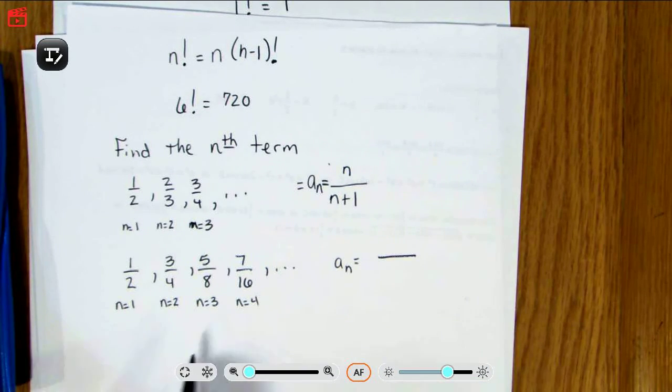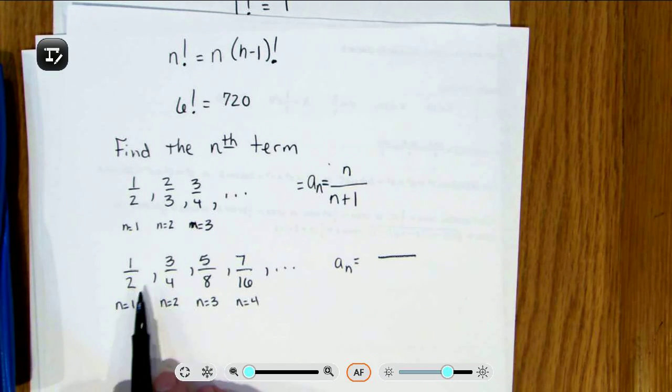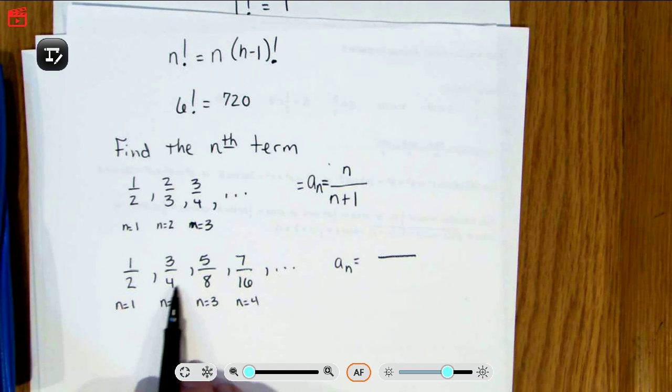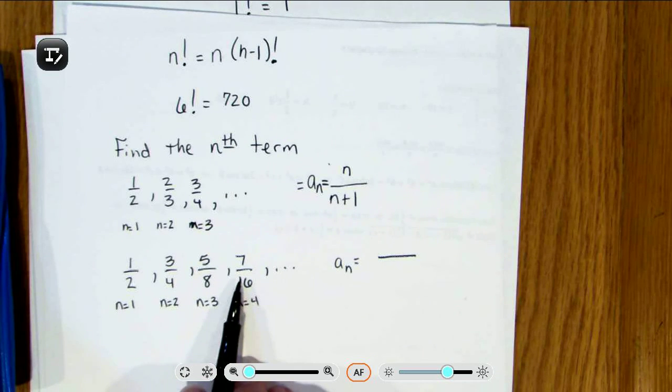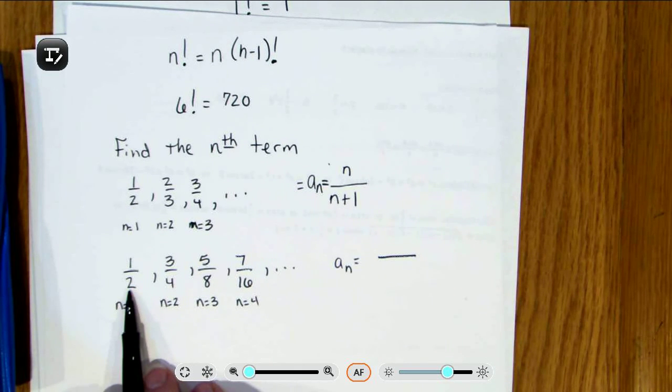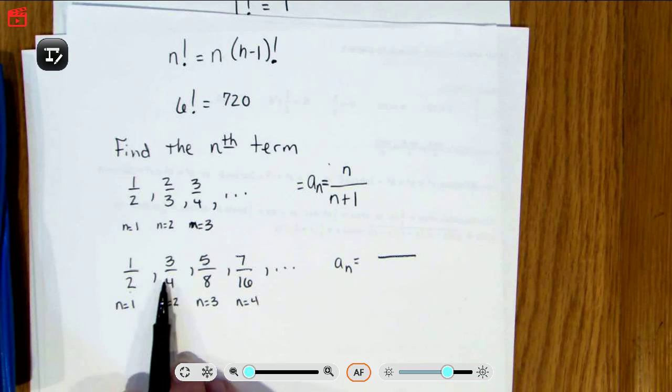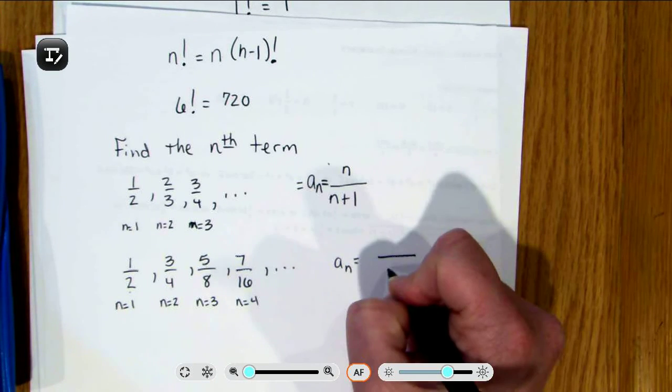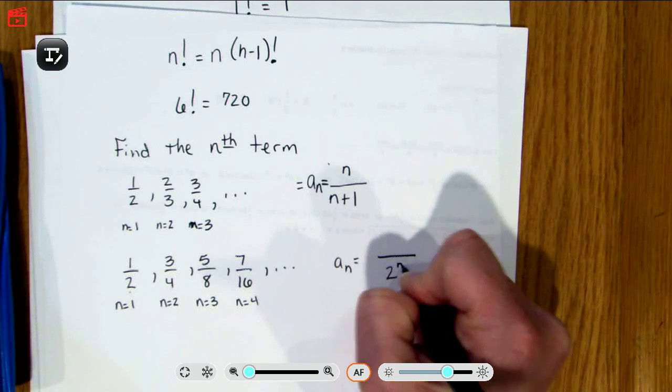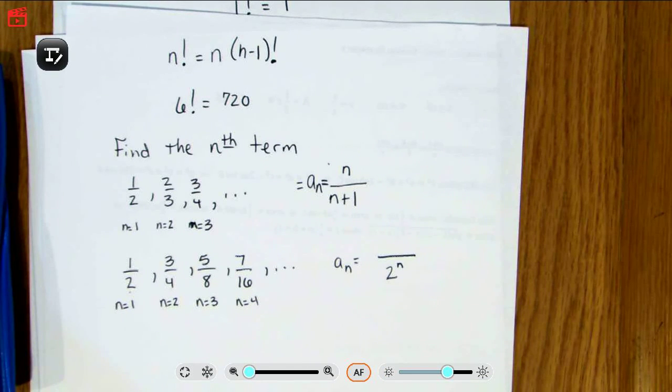I see 4, I see 8, I see 16. And some people would say, well, that's just multiplying the previous one by 2, which it is. So think of this as 2 to the first, 2 to the second, 2 to the third, or we get 2 to the nth power on the bottom.